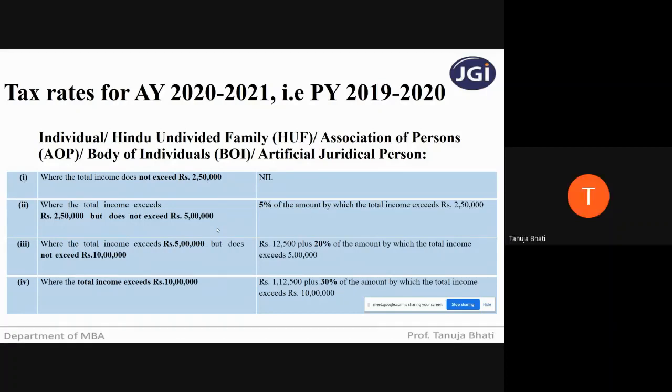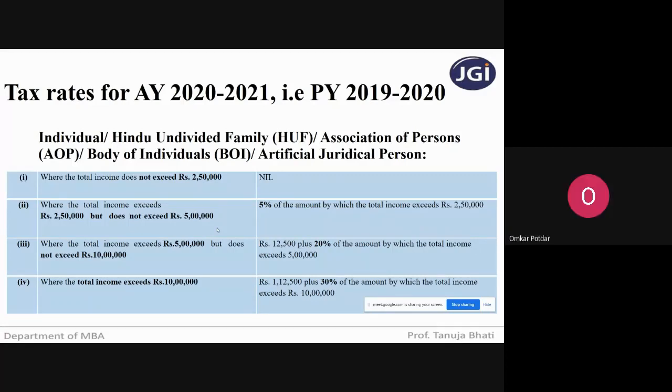In the previous budget, it's amended, up to 5 lakh. But a budget gets approved in the next year, so for the assessment year 2021-2022, those rates will be applicable.